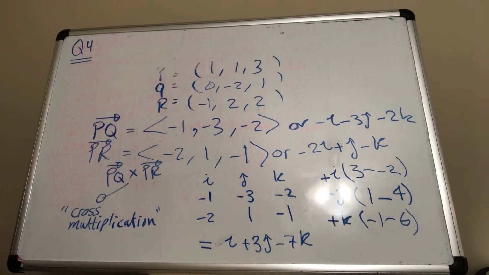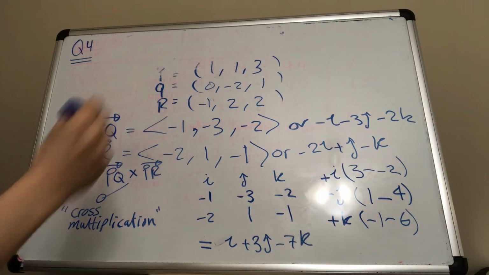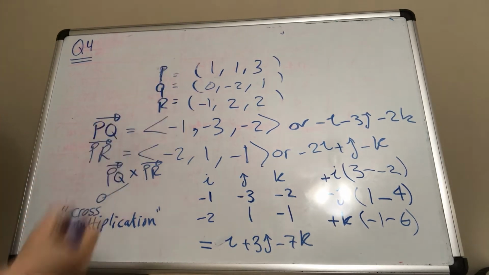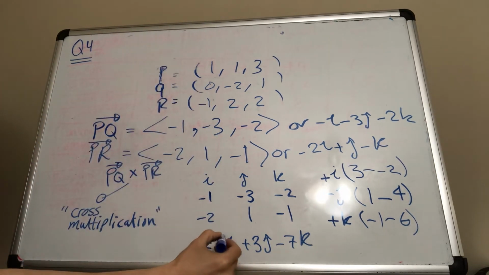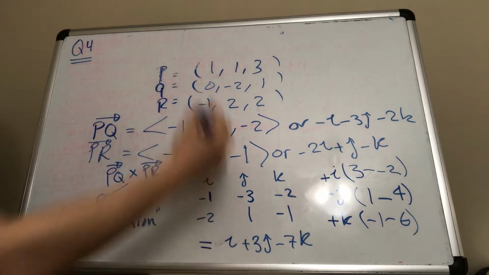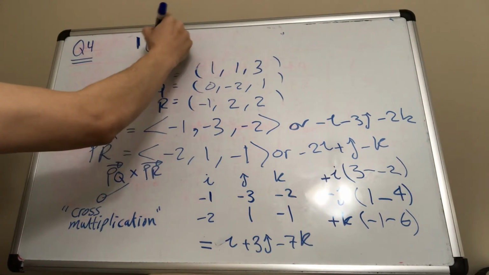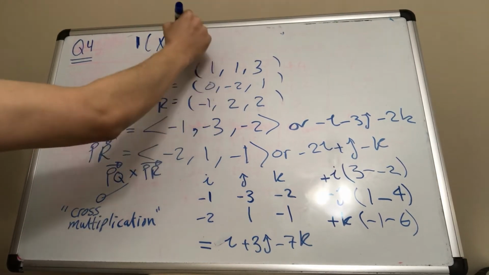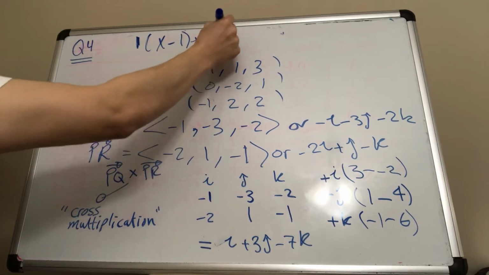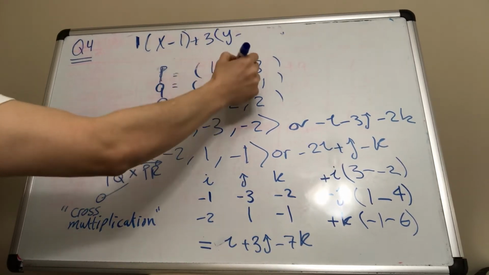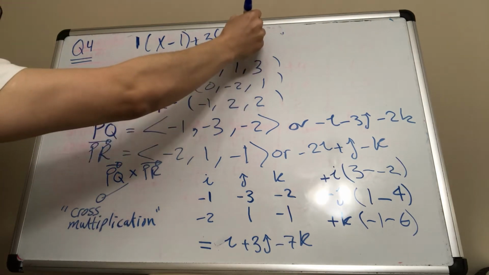Now the equation of the plane, in this case, once you know your vector, you take the first number for the i, and you go x minus the first point x. You take the number from the j, and y minus the first point y.